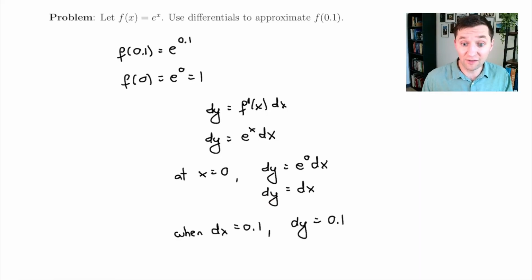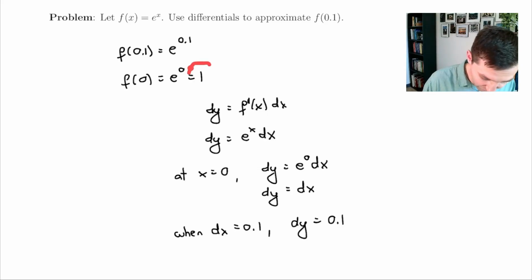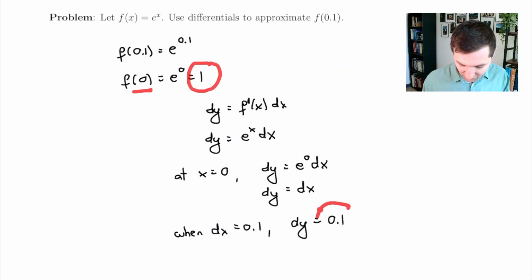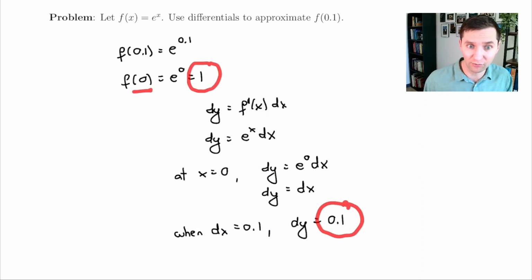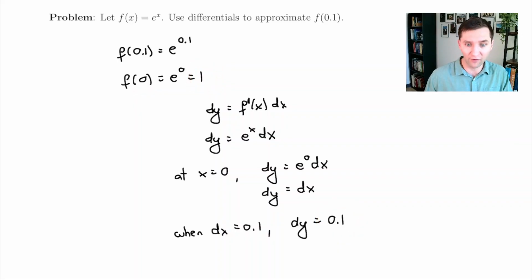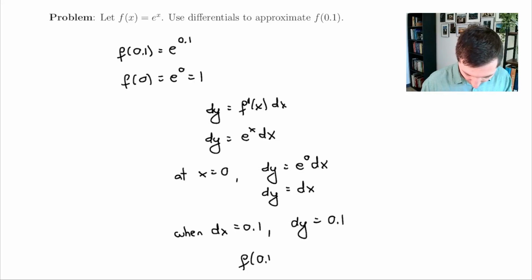The change in the output is approximately 0.1. This shows you that because the function had the value of 1 at 0 and it changed by approximately 0.1, we know that the new value at 0.1 is approximately 1.1.